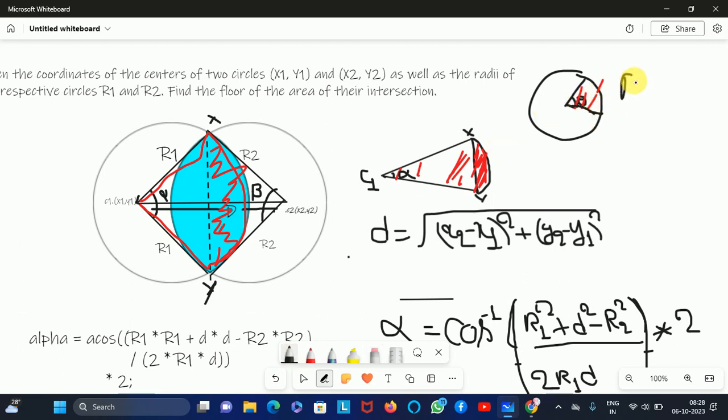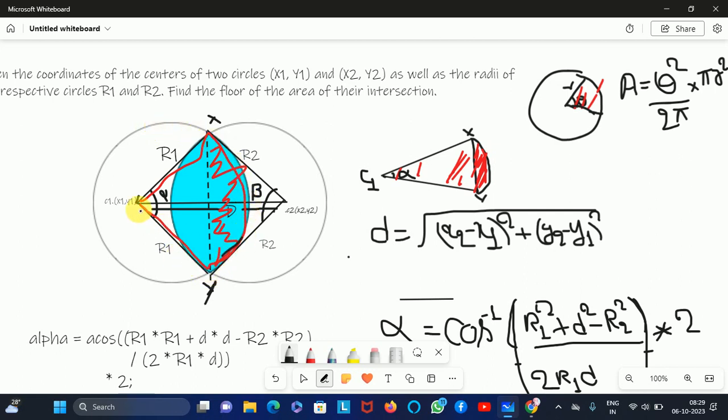We know the general formula is theta upon 2 pi, let the radius be r, into pi r square. This is the formula of the whole sector. Similarly, this is also a sector if you look into it.